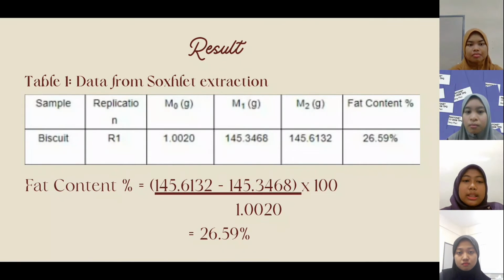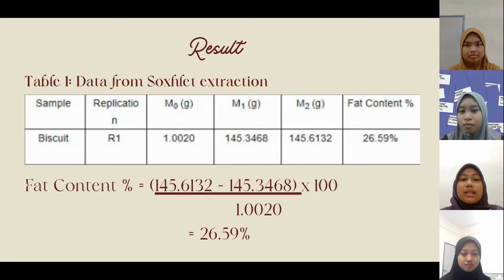So how to calculate the fat content? We use the formula (M2 minus M1) divided by M0, times 100. So we substitute the values into the formula. Then we got the fat content is 26.59%.